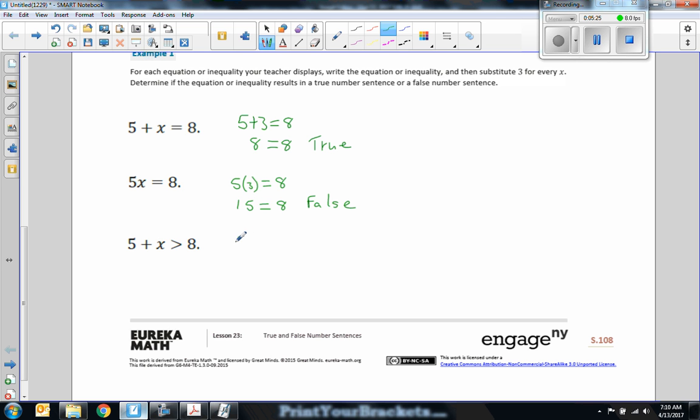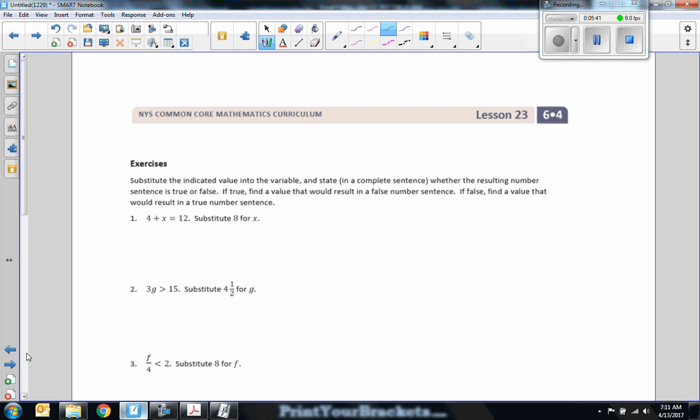Plug in 3 here. 5 plus 3 is greater than 8. 5 plus 3 is 8. 8 is greater than 8. That is also false.